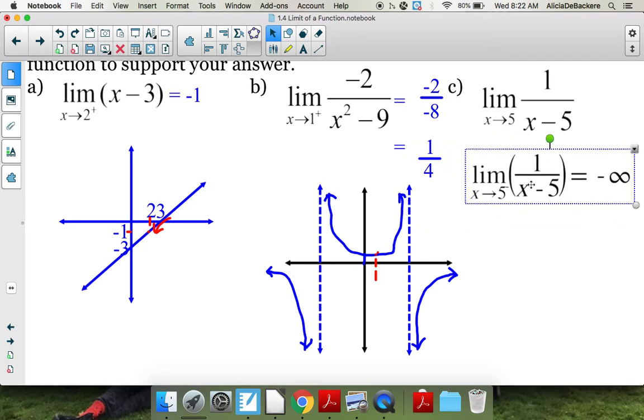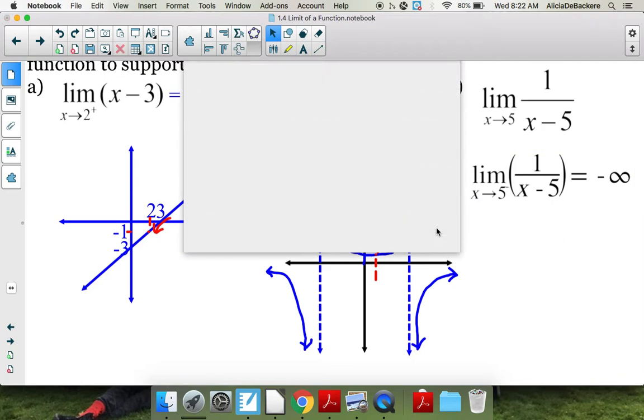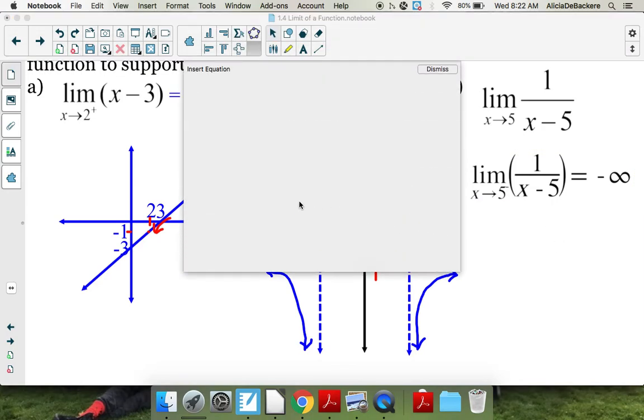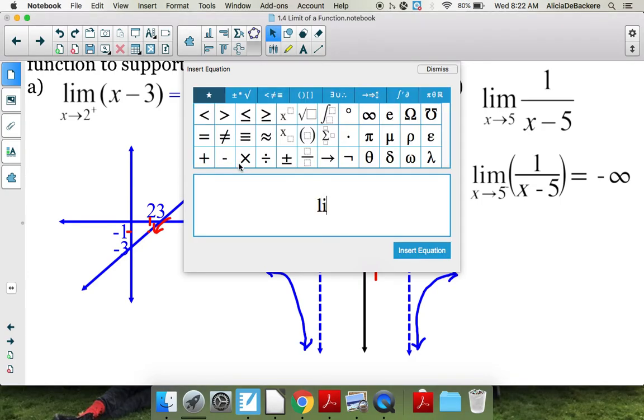And then I can imagine also from the right-hand side. So again, I can do another equation where I'm going to go in from the positive side of 5. So this time when I'm substituting in, I'm imagining substituting something in that's a little bit bigger than 5, like 5.001.